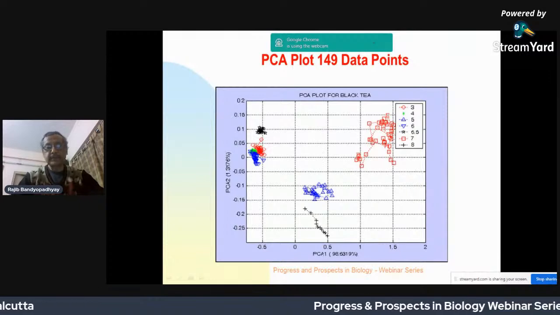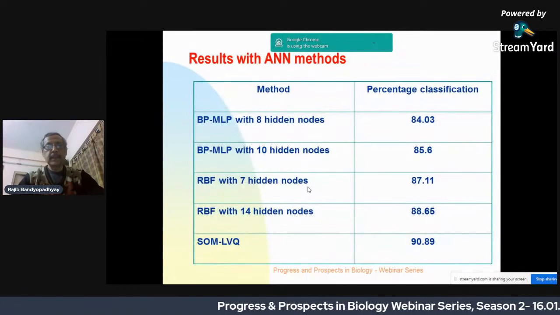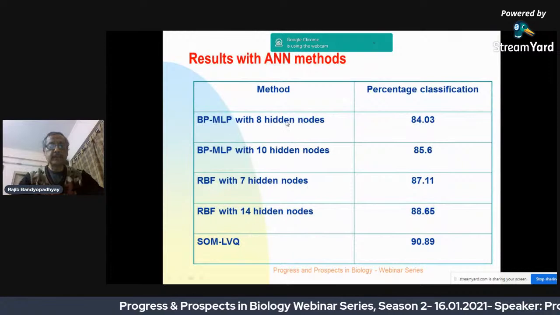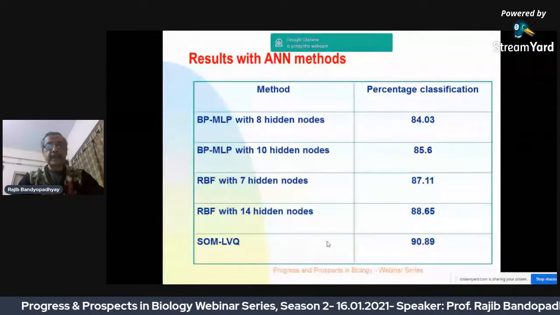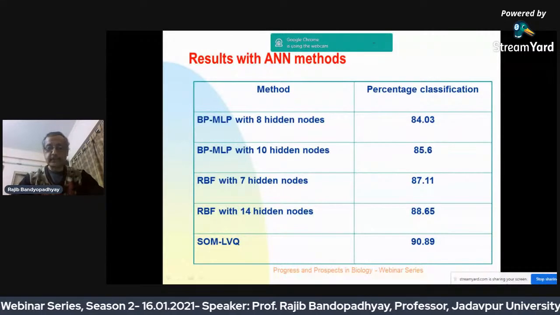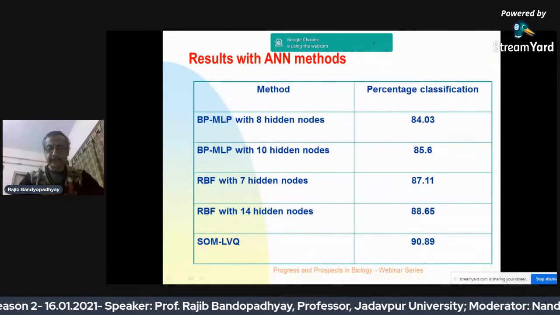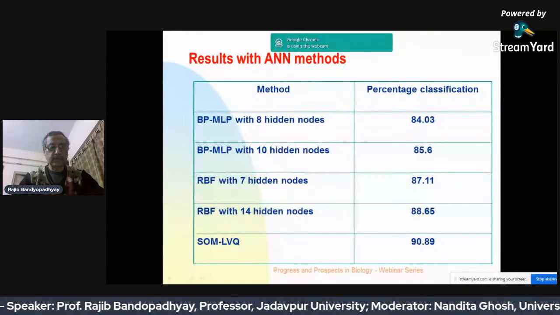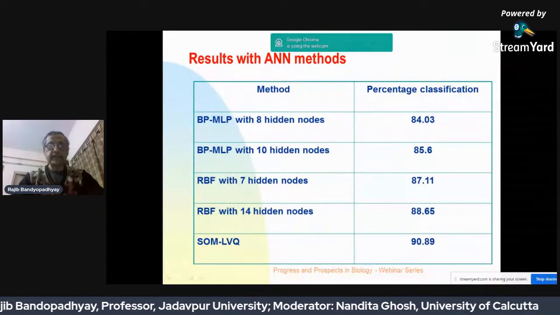So we developed neural network algorithms, and there are several models we developed, and we found that we could achieve an accuracy of around 90% or so. So that was our first experiment with electronic nose for the development of tea tasting.